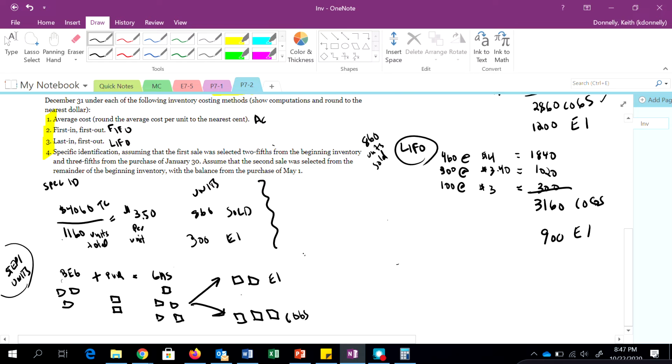Step 2 is each of these items in ending inventory and cost of goods sold. When you do the inventory equation, you can do it with the actual raw units to help solve for cost of goods sold. But ultimately what goes on the financial statements is a dollar amount. You don't put debit inventory, 2 blocks.